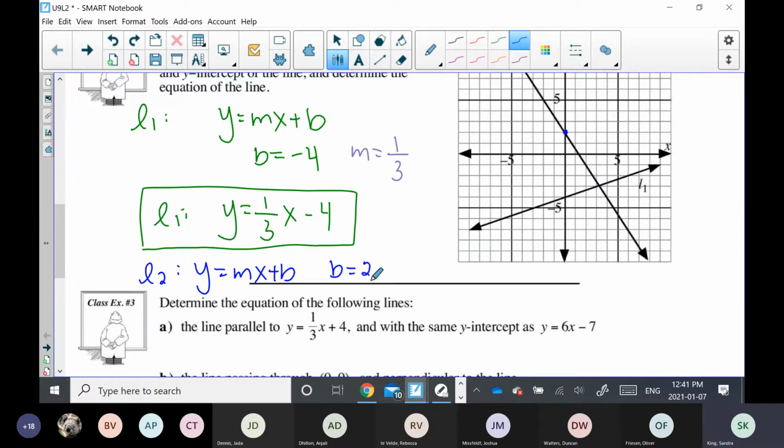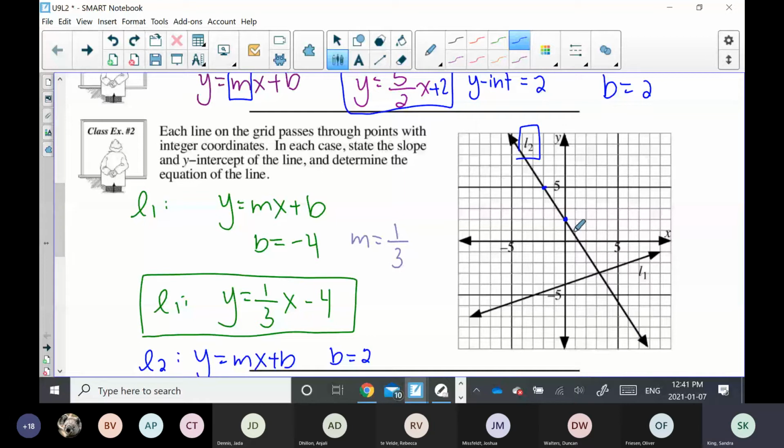So the b value of this graph is at 2. From there, we need to follow the slope until we get to an integer coordinate, which would be that guy. Or I could have gone in this direction and it would have been that guy. So let's say I was going down, I would go fall of 3, run of 2.